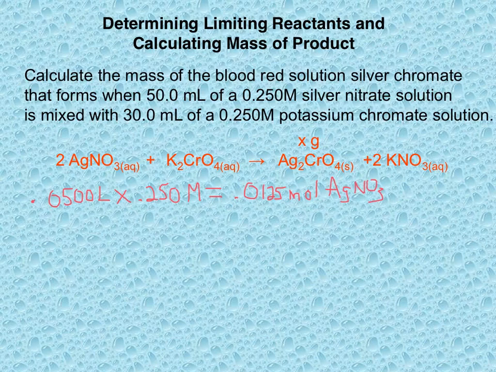And now for the potassium chromate, the other reactant, we're going to change these 30 mL to liters and multiply by its concentration. So 0.0300 liters times 0.250 molarity equals 0.00750 moles of potassium chromate.